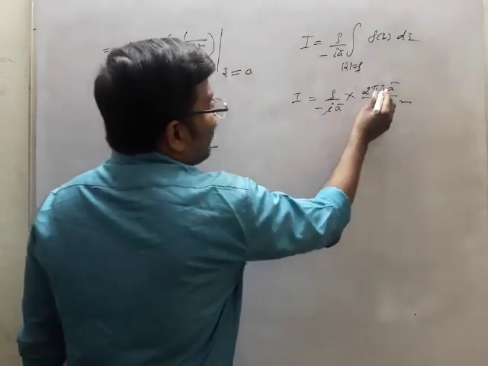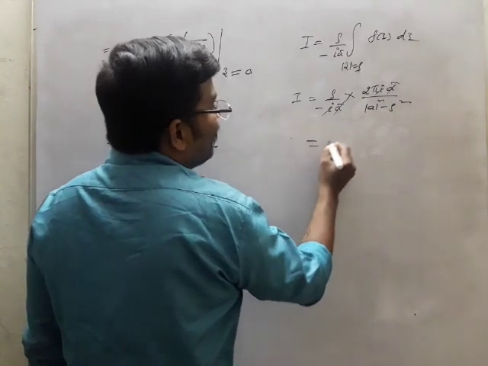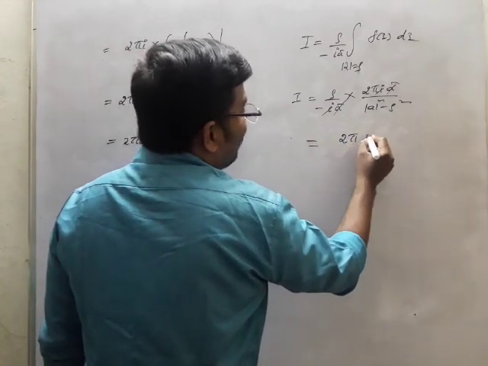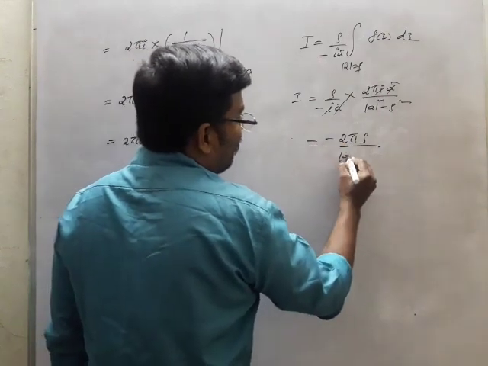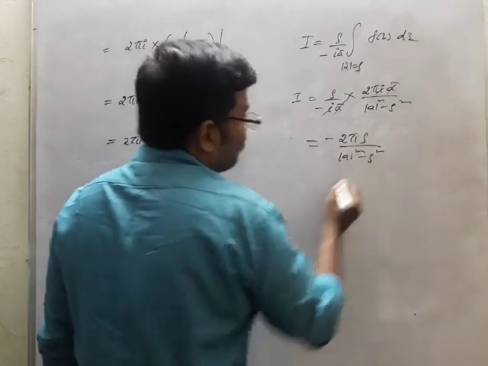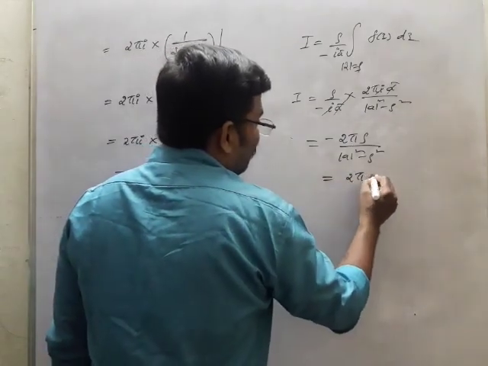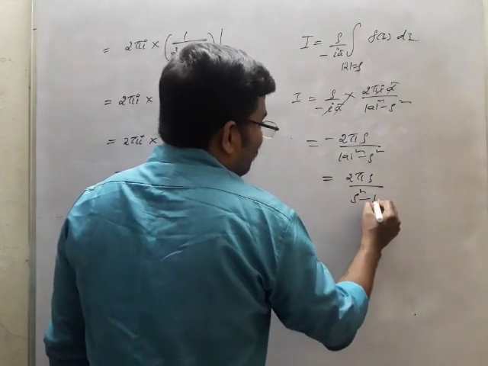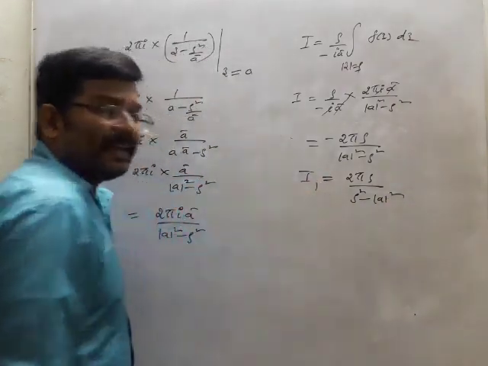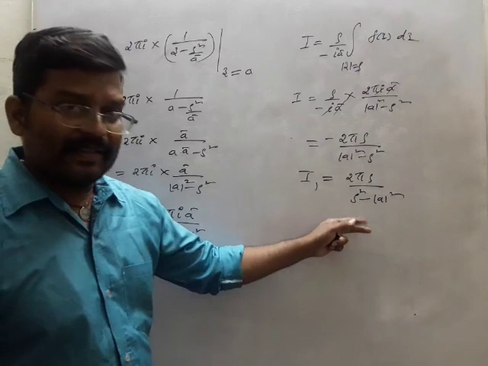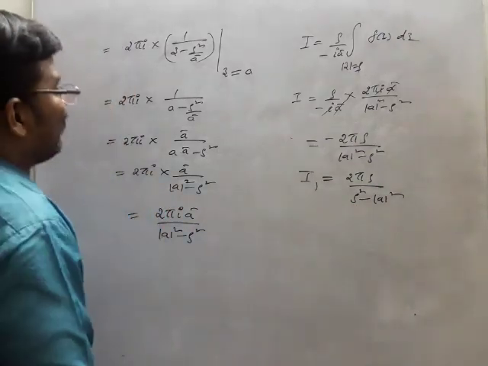So i gets cancelled, a bar gets cancelled. Therefore you get minus 2 pi rho by mod a square minus rho square. If I change it, this becomes 2 pi rho by rho square minus mod a square. Let us take this as I1. You got this one, rho square minus mod a square.